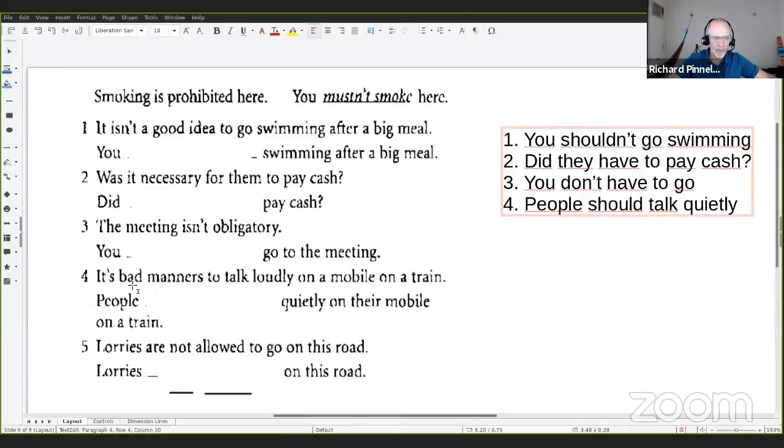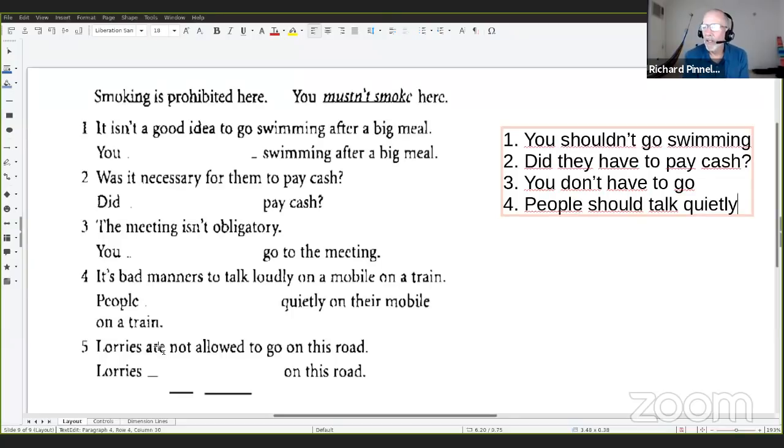Good. Number 5. Lorries are not allowed on this road. Lorries es el inglés británico para camiones. En México se dice trailer. Los vehículos de carga. En Estados Unidos se llama trailers.